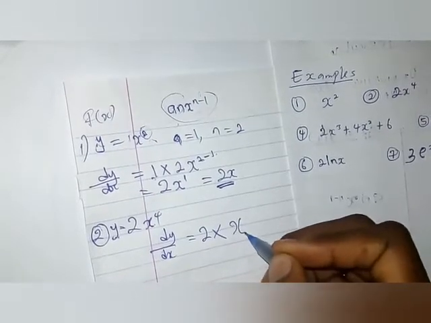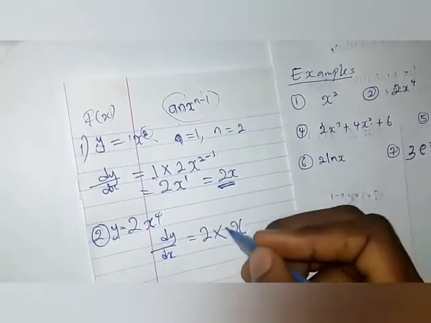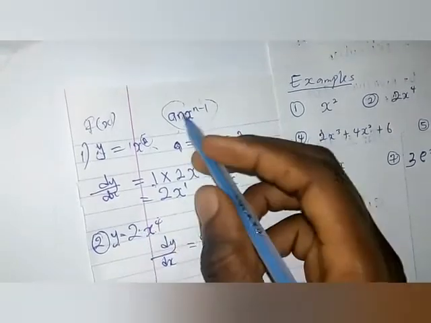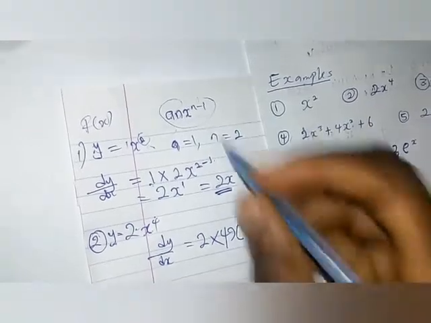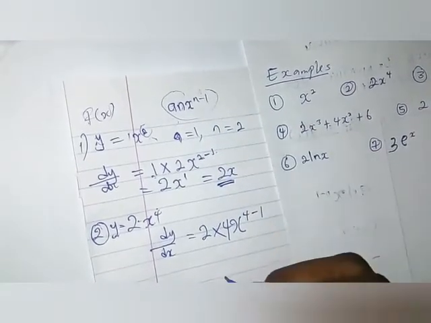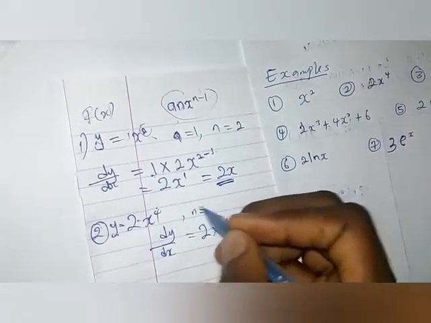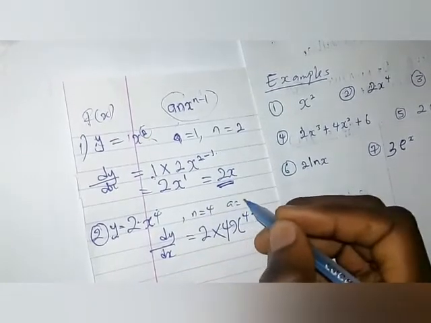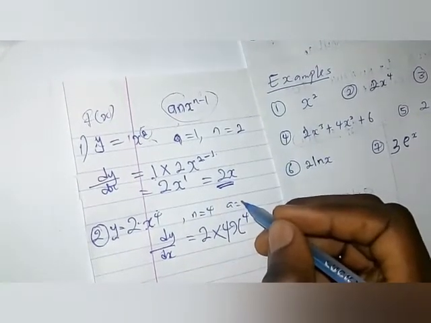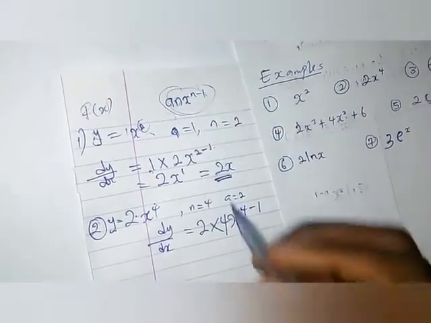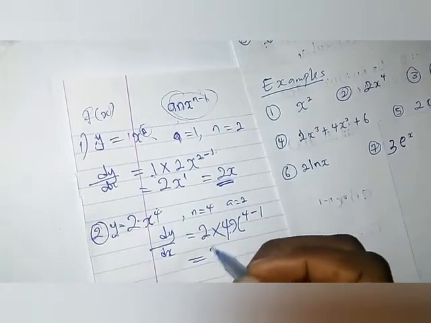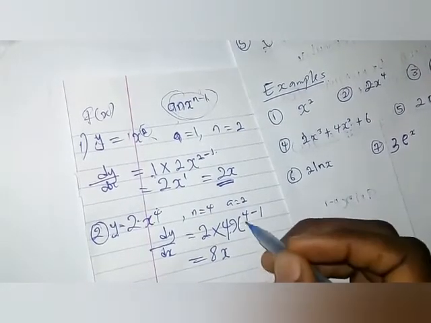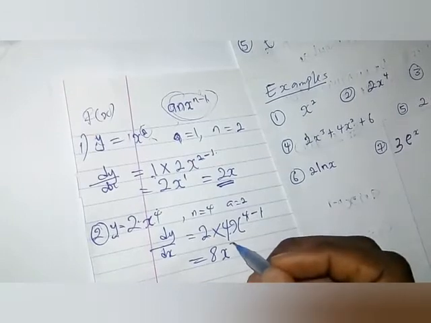Multiply by 4, bring down your n here, then x raised to the power of n minus 1. In this case, your n is equal to 4 and your a is equal to 2. So you have 4 times 2, which is 8, then x raised to the power of 4 minus 1, which is 3. So that is the answer for this.